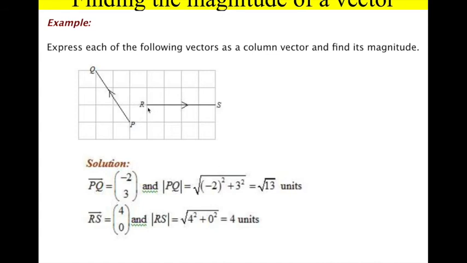Same thing goes with vector RS. The column vector is 4, 0, 4 units to the right, and there's no vertical movement. Then you apply this into Pythagoras. The answer is 4 units.